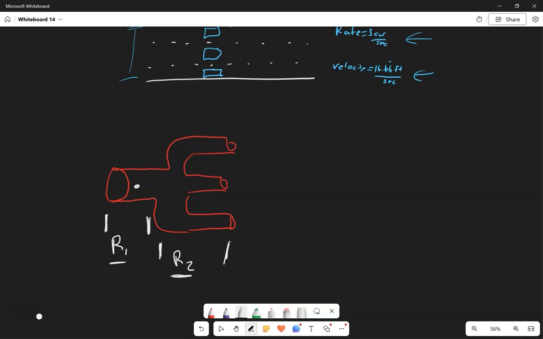But what if my cross-sectional area here is 1, and over here, each one of these has a cross-sectional area of 1. Now my total cross-sectional area is 3. This is the same as my 1-lane highway splitting into my 3-lane highway. So what happens to my velocity when it hits this area?